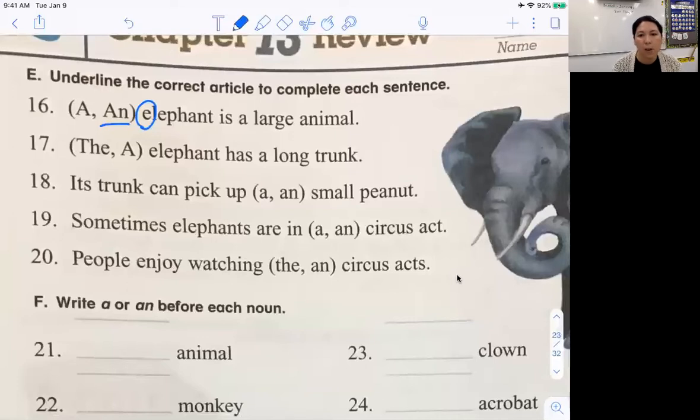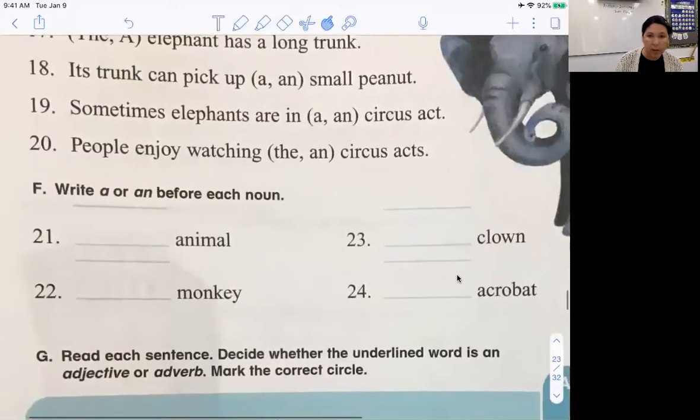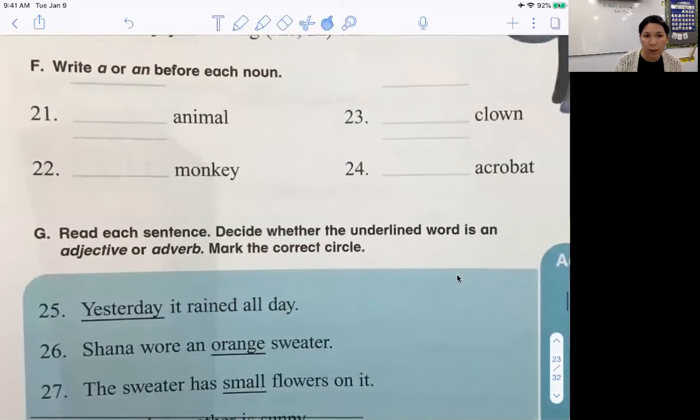Sometimes elephants are in a circus act. Sometimes elephants are in an circus act. Number 20. People enjoy watching the circus acts. People enjoy watching an circus acts. All right, go ahead and underline which word was right in all of those.